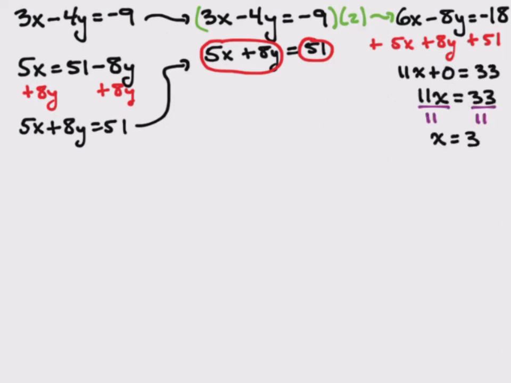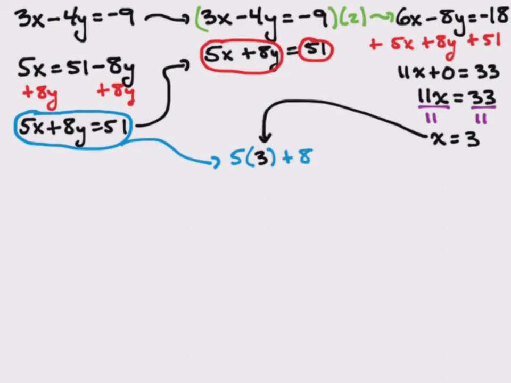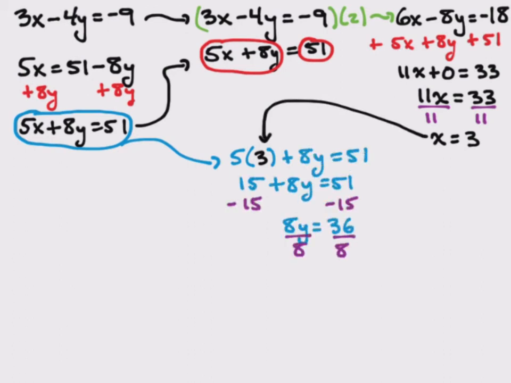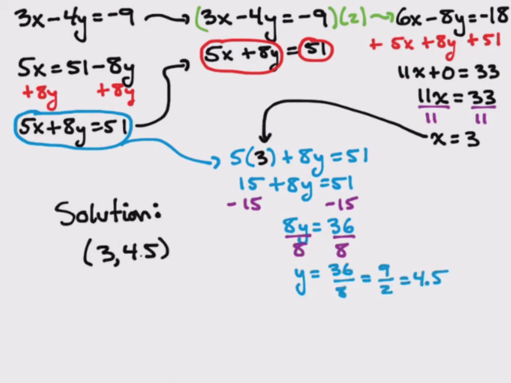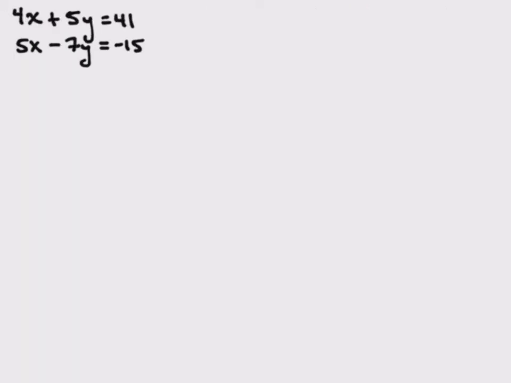So we find that the x value of our solution is going to have to be 3, and to find the y value, all we need to do is substitute 3 into any one of our equations and solve for y. And so we find the y value of our solution to be 4.5, and so our solution is the ordered pair 3, 4.5.